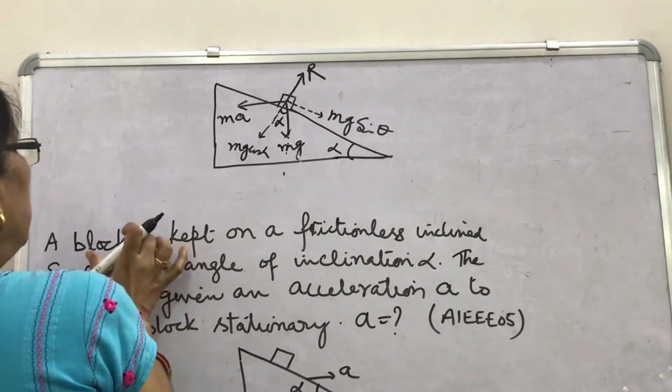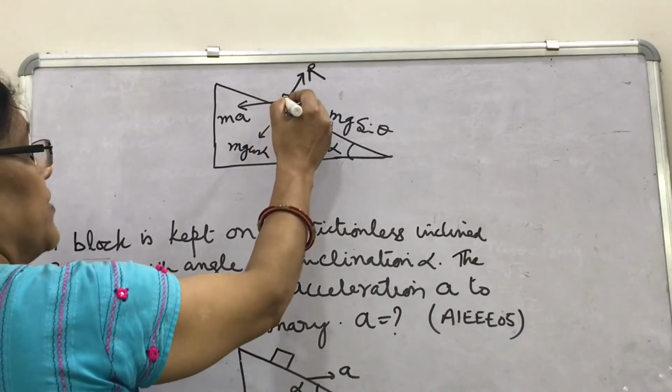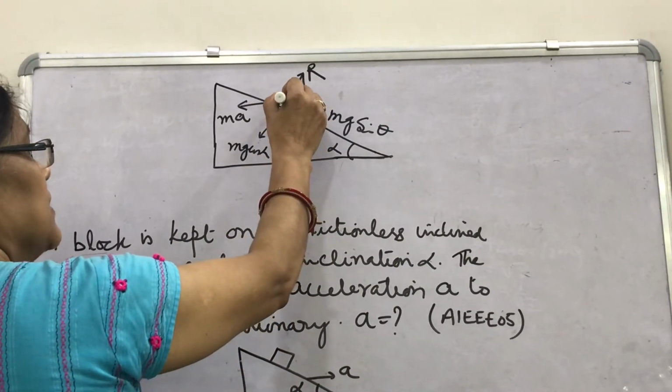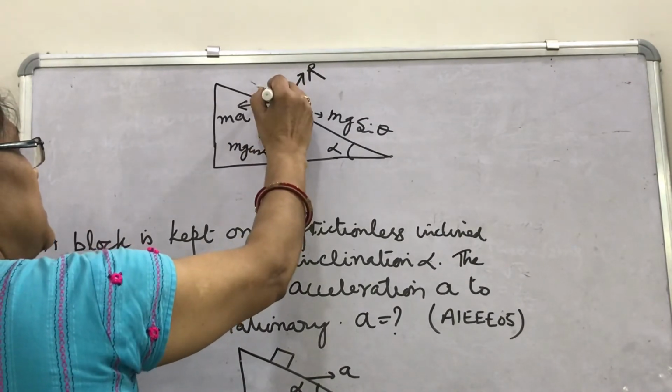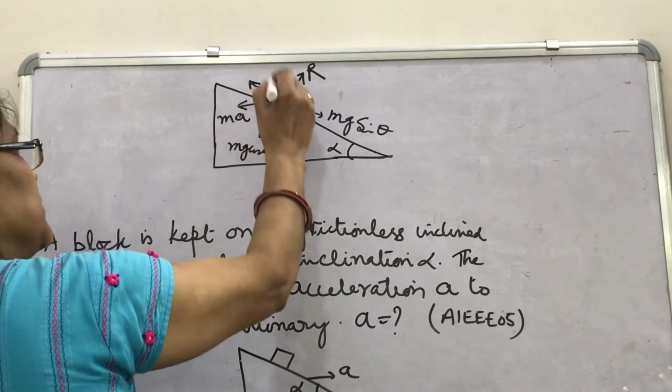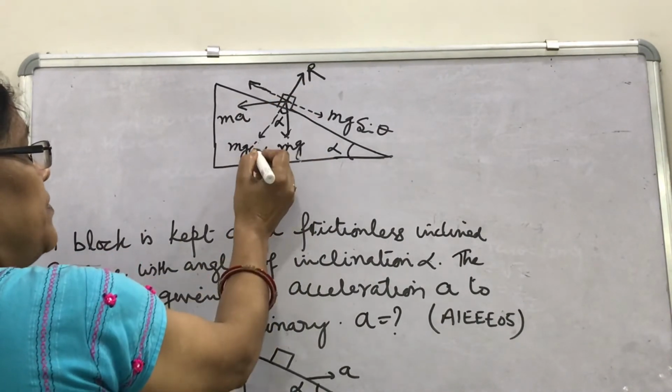So the block has this ma. Again you have to find the components of this force ma parallel to the inclination and perpendicular to it.